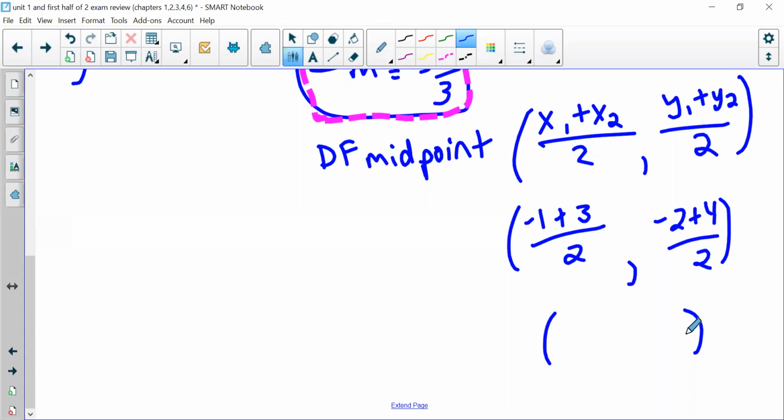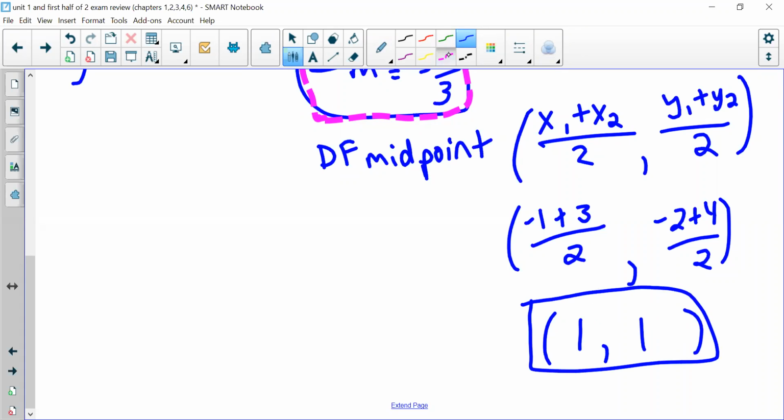One and one. Okay, good. So you can use your calculators, do some mental math here. It's going to be 1, 1. Thank you, Ian. I'm going to put a magenta line around that because we're going to need that here in a minute.